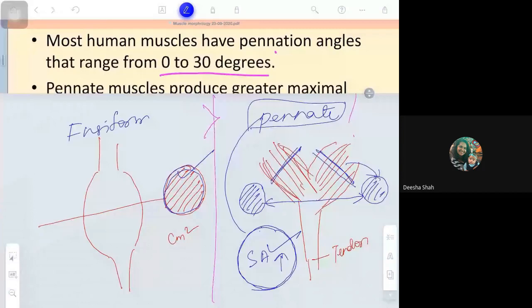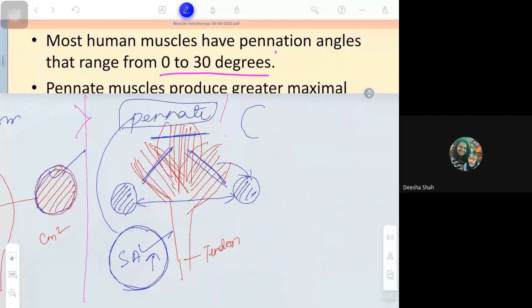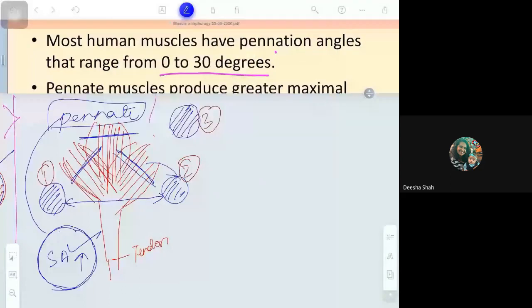This is for bipennate. If you take a tripennate muscle, then again you make a cross section at this level. Clear? And you will get one more cross sectional area. When you add all these, 1, 2, and 3, you will get a big cross sectional area.